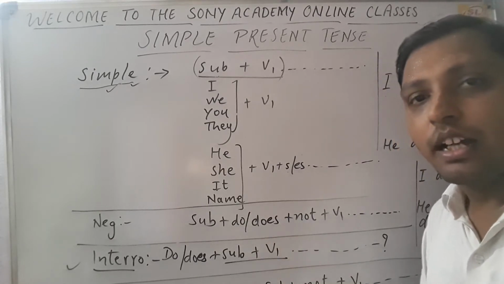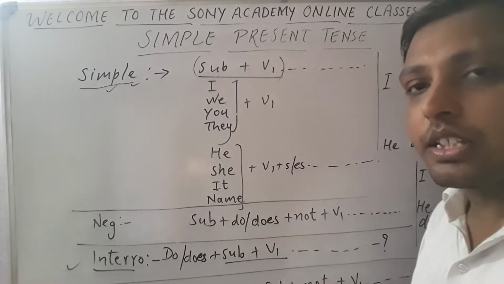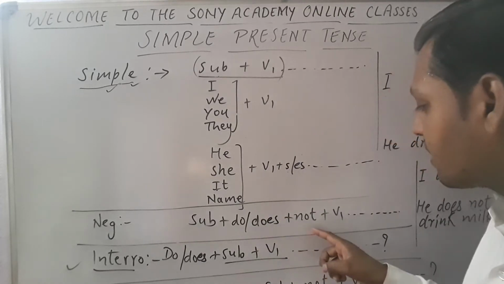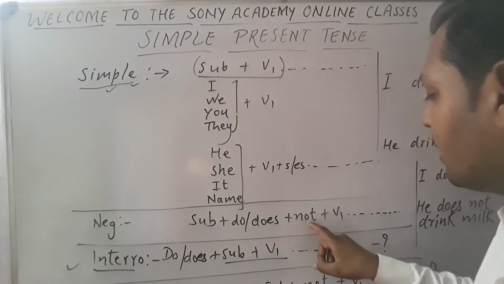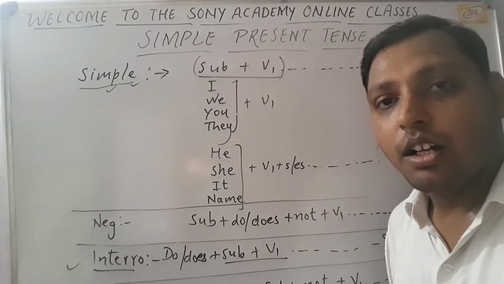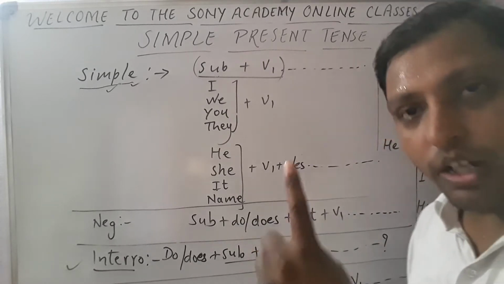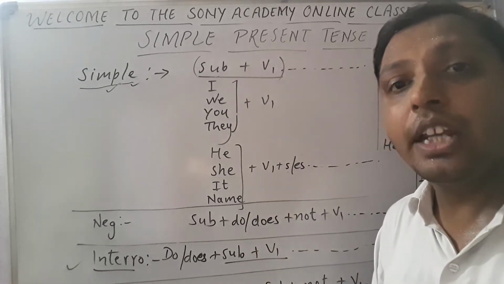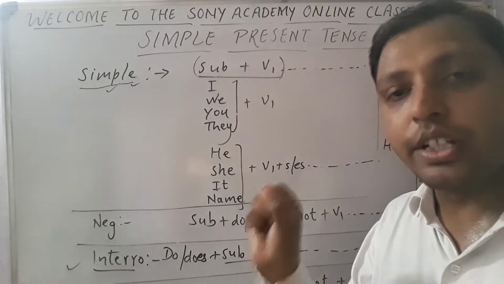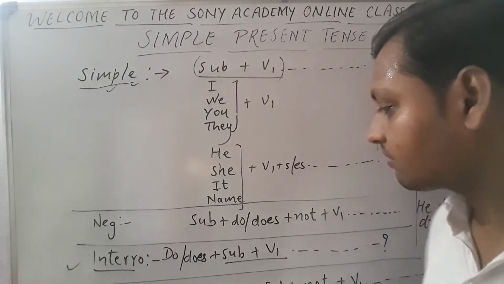My dear friends, I hope you have understood. Then we have to add a not over here. Then we write the verb first form. If we have used do or does once in a sentence, we need not use s or es in the verb. You have to use the first form of the verb only.